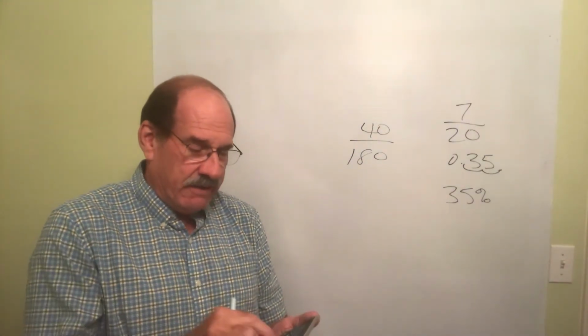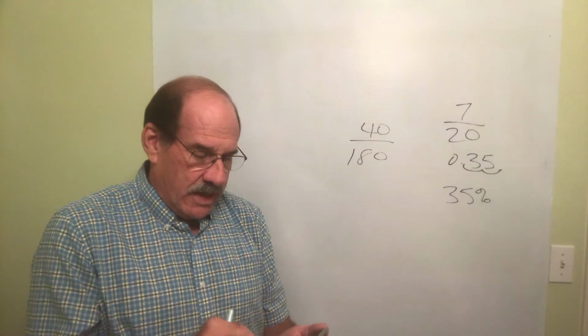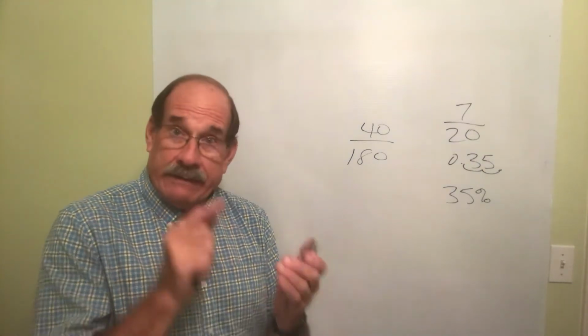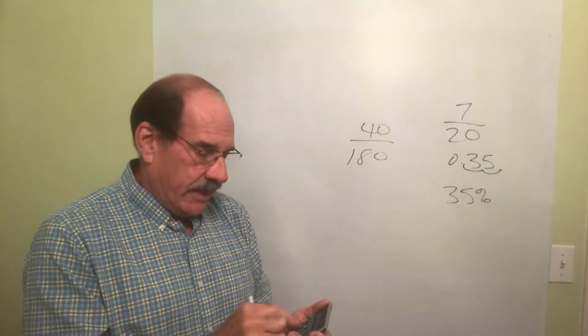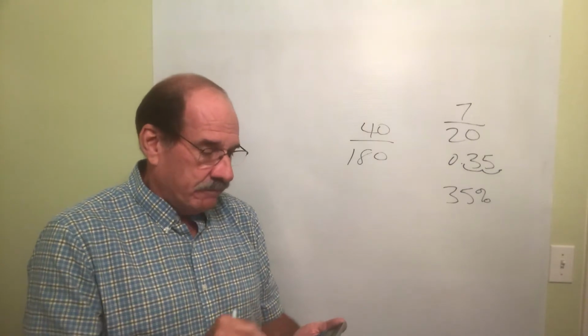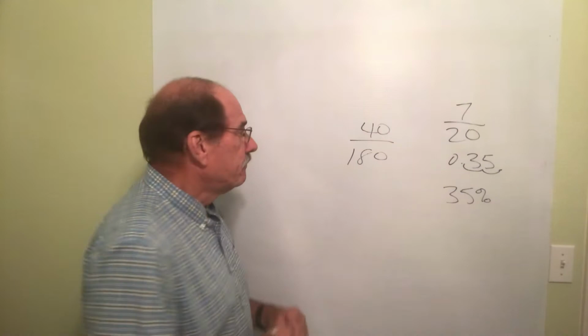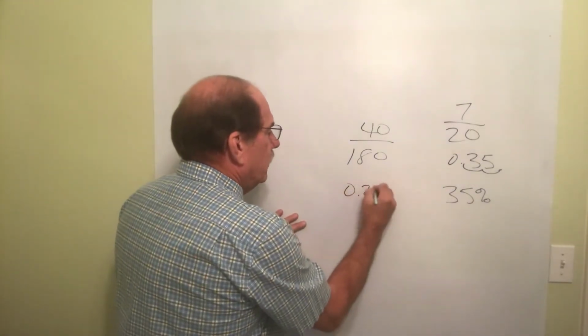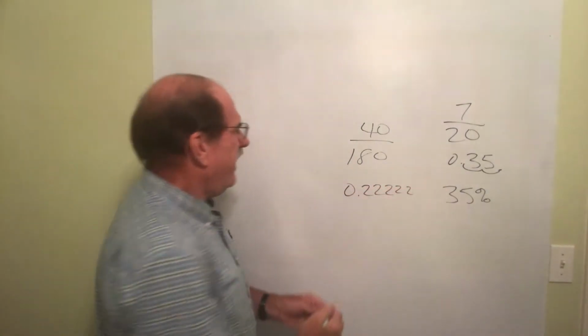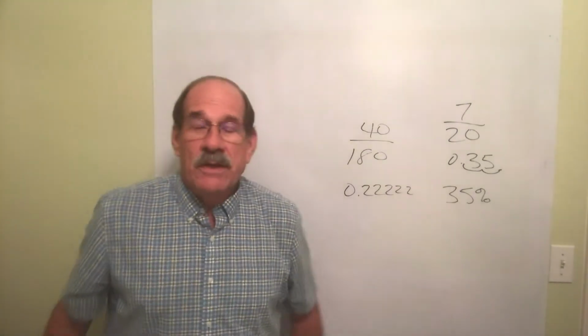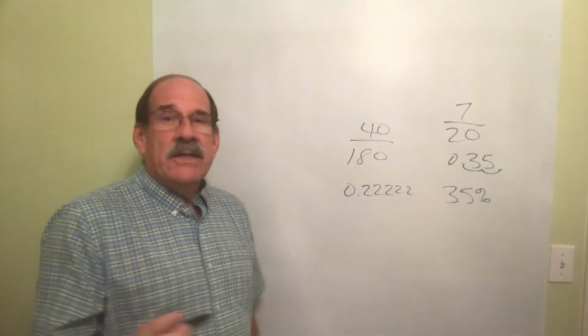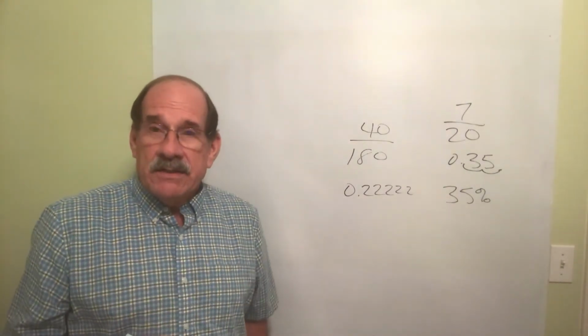40 divided by 180. It's 0.22222. Is that right? That looks kind of squirrely. Okay, but now let's convert this into a percent.